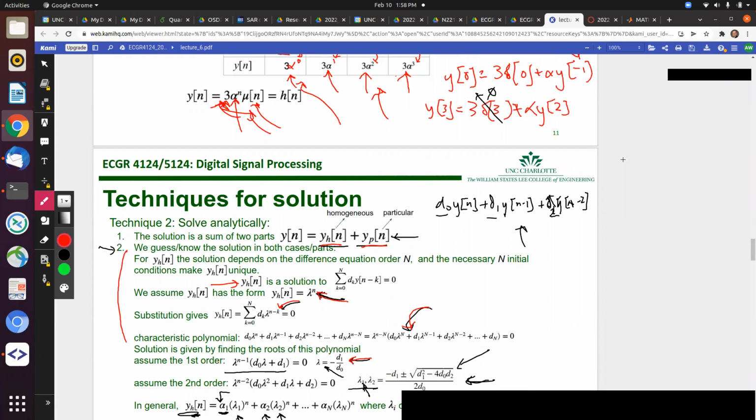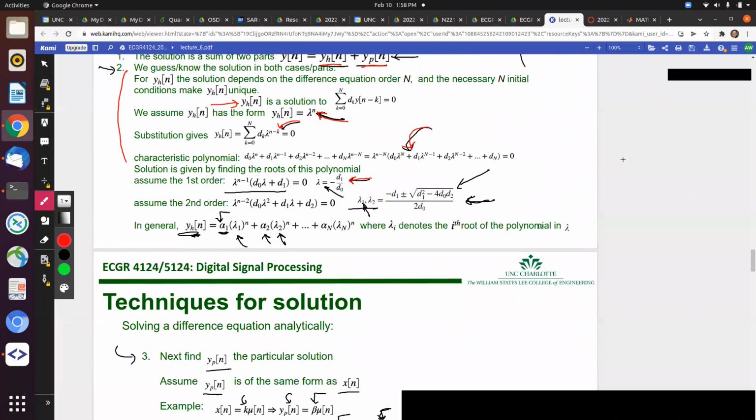So if it's first order, you know that lambda takes the value minus D1 over D0. It's a solution for all first order. What I'm trying to point out is what's written in this little tiny part of the slide. It's a solution to every first order feedback system in Y. If it's a function of Y of n and Y of n minus 1, you have the value of lambda there.